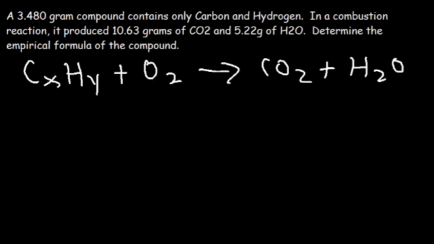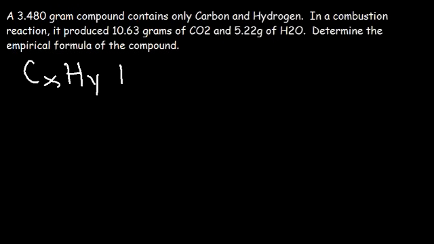The number of moles in CO2 and water is equal to the number of moles of carbon and hydrogen in the compound, since the carbon atoms in CO2 and the hydrogen atoms in water came only from this compound. So once we have the moles of carbon and the moles of hydrogen, we can find the empirical formula, and that's what we need to do.